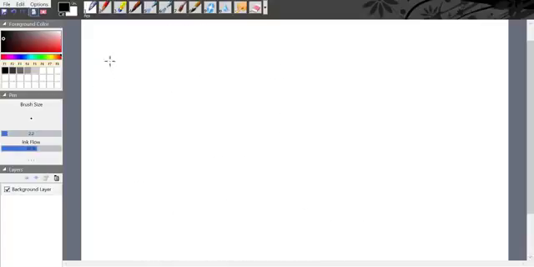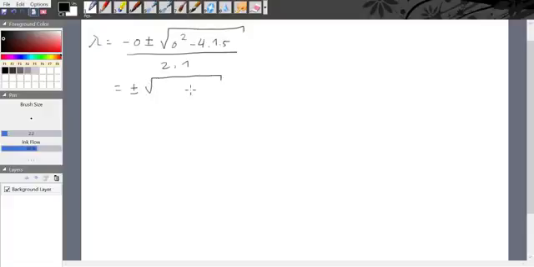Continuing our calculations, lambda is equal to minus 0 plus or minus the square root of 0 squared minus 4 times 1 times 5, over 2 times 1, which gives us plus or minus the square root of minus 20 over 2, which finally gives us plus or minus the square root of 5 times i.